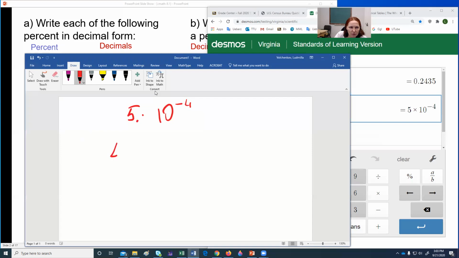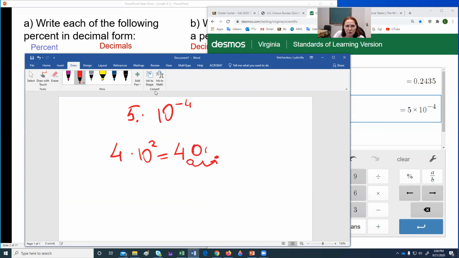For example, if you have 4 times 10 to the second, positive exponent means that you move decimal point to the right. 10 squared is the same as 100. 4 times 100, 400. Or decimal point from this place moves 2 places to the right.